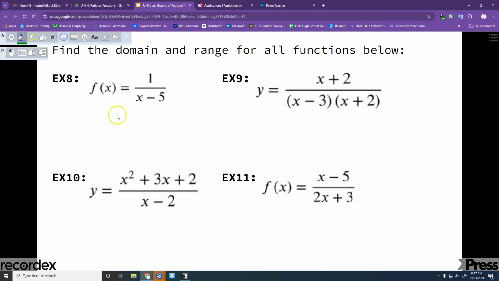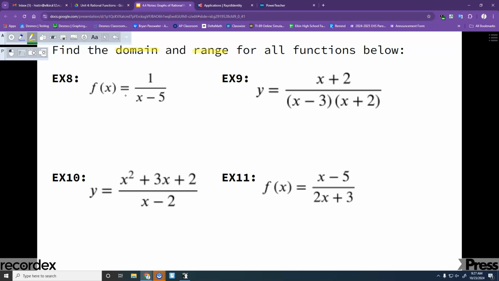Okay, now, what do these ask us for? Domain and range. Okay, we have done domain and range quite a bit, right? We've done them for several different types of functions. Domain are my x values. Range is my y values.